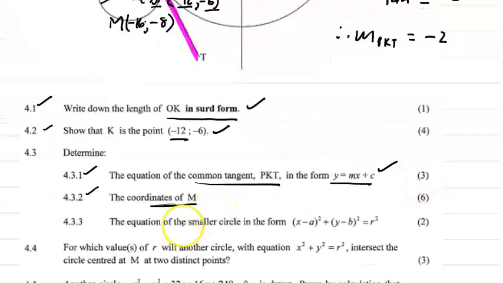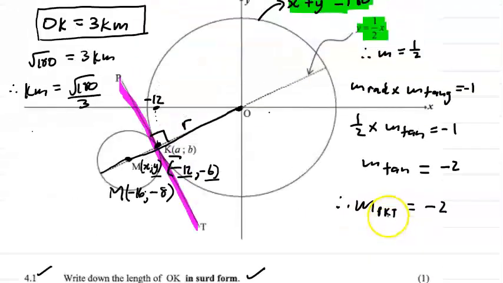The next question, the equation of the smaller circle in the form x minus a all squared plus y minus b all squared equals to r squared. Now, if you look at this, we've already solved for the radius. So we know KM is the square root of 180 all over 3.